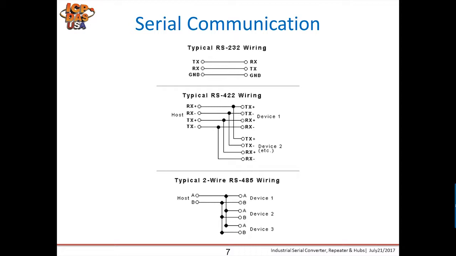RS485 is a superset of RS422 and expands on the capabilities. RS485 only has two wires. It was made to address the multi-drop limitation of RS422, allowing up to 32 devices to communicate through the same data line.